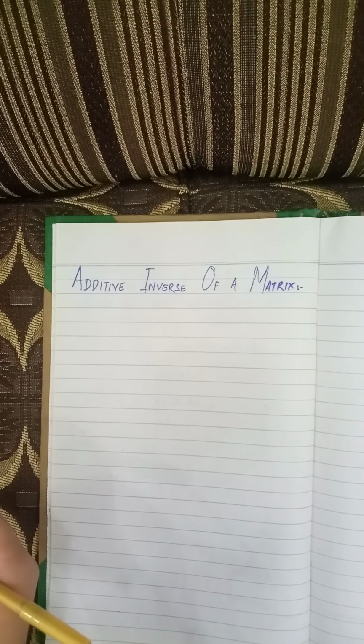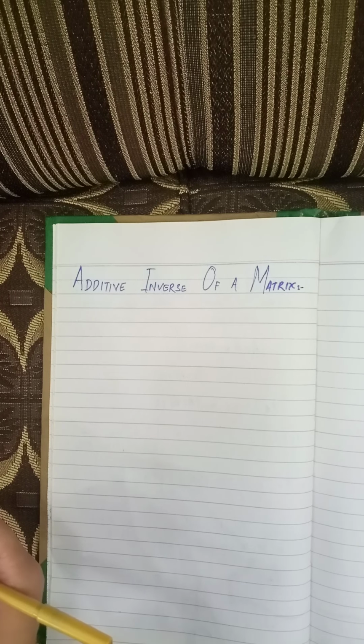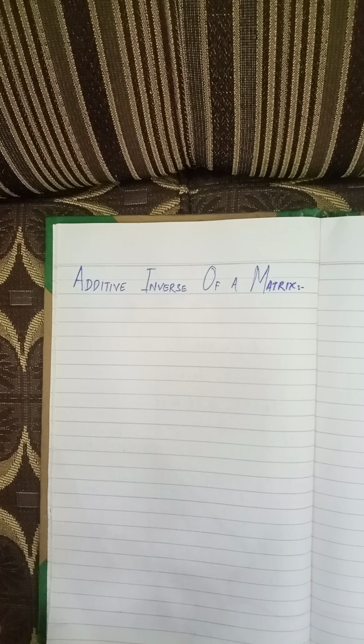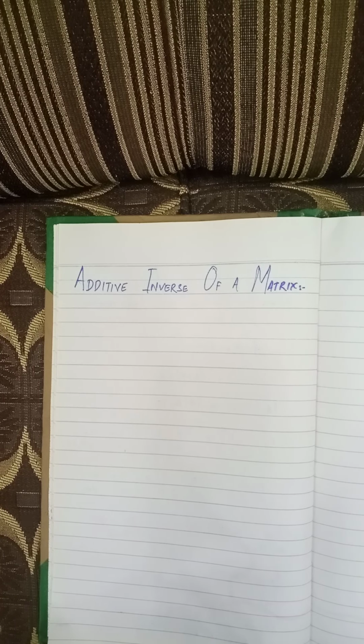Basically, when we look at inverses, what is the inverse? Inverse is such a thing which, when you add it to something, you gain the identity back. Okay, if A and B are two matrices of the same order, then A and B are called additive inverse of each other.